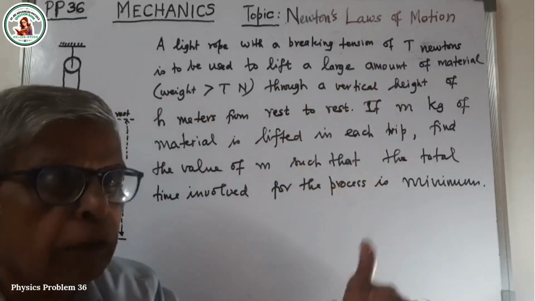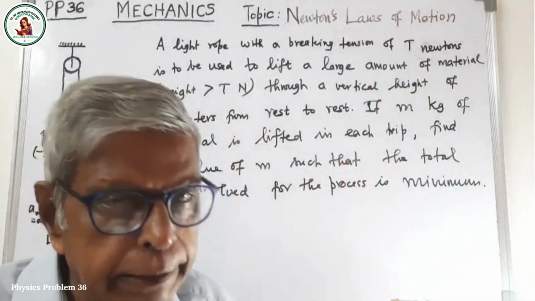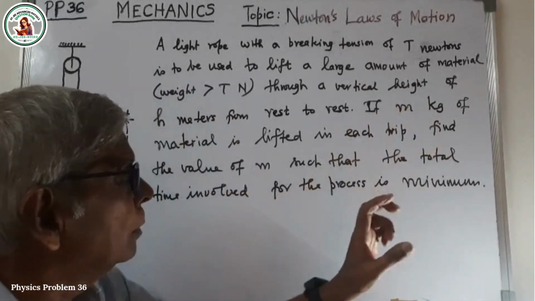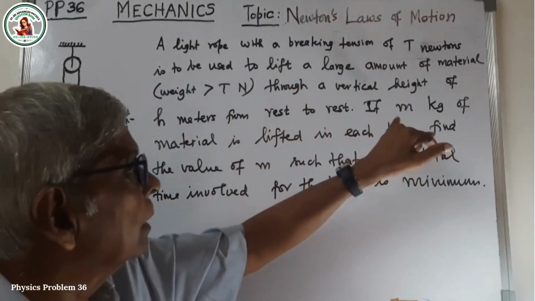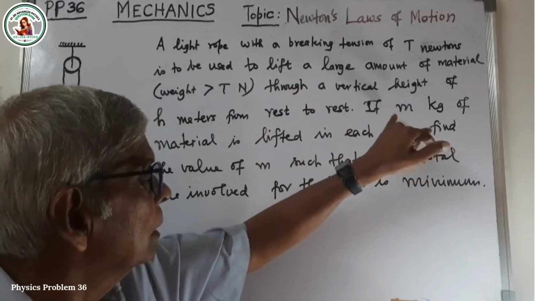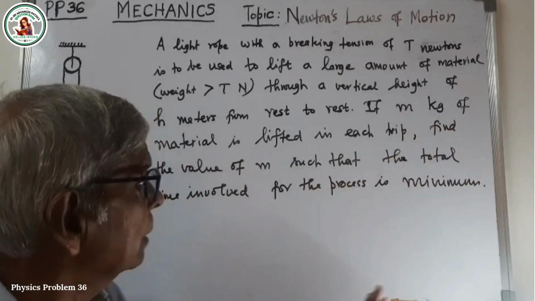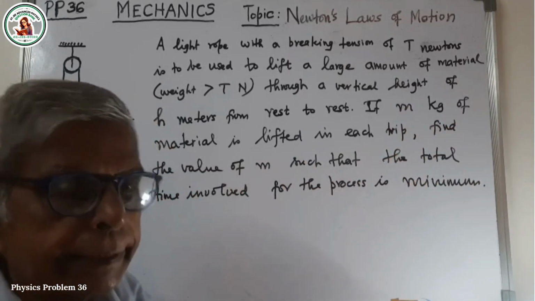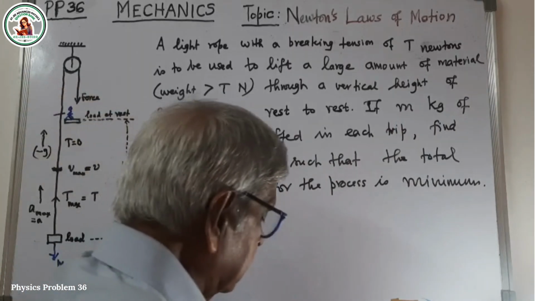That means you have to make a number of trips to lift the entire material. So here in the question itself, suppose during each trip we keep some equal amount of material, say small m kilogram, how can we minimize the time of the total process? That is the question.